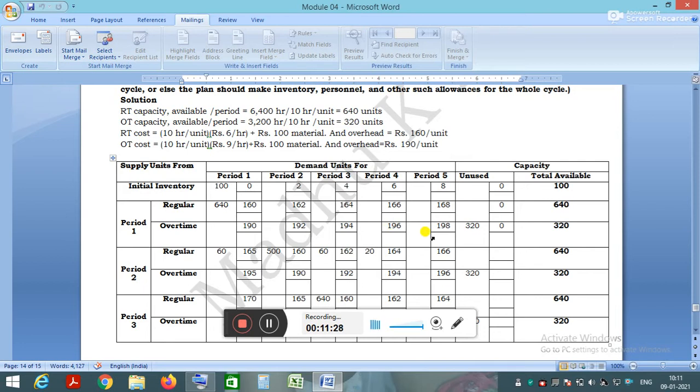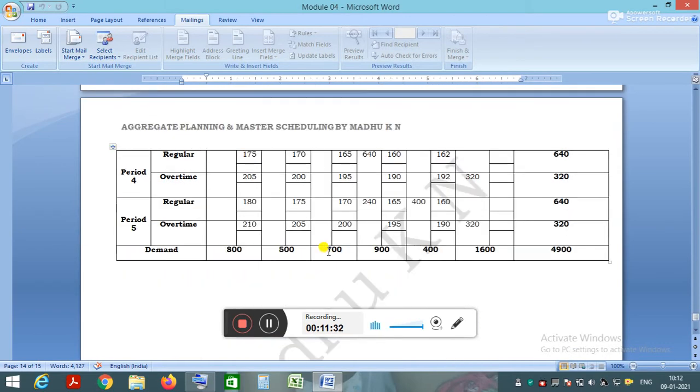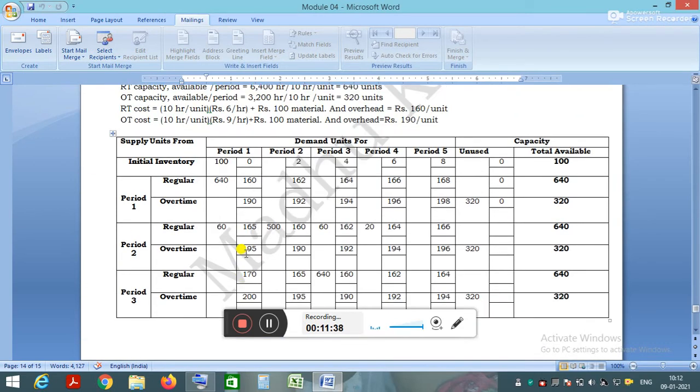First we solve the problem for period 1. For period 1, the forecasted demand was 800 units. In the regular time we can produce 640 units. You can see here the regular time cost is 160 rupees and the overtime cost is 190 rupees.